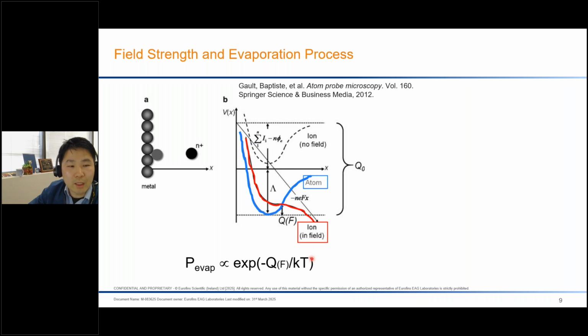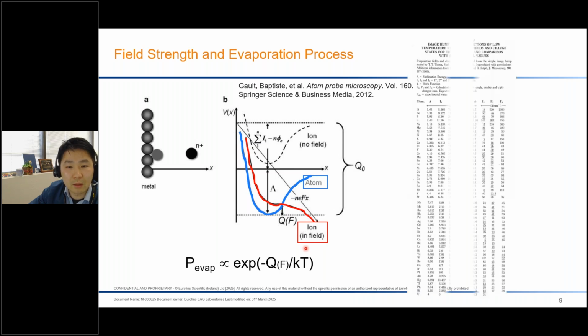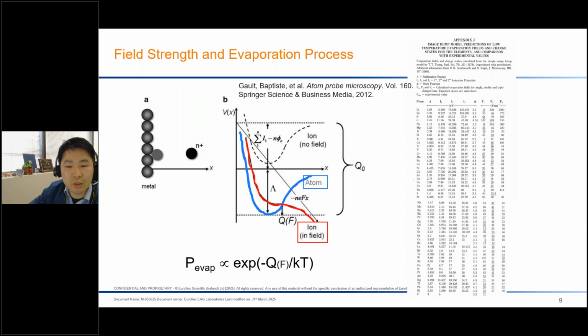You may wonder what the critical field for ionization is for certain elements. The table to the right shows the calibrated field at 77 Kelvin based on the image hump model proposed by Tsong in 1978.